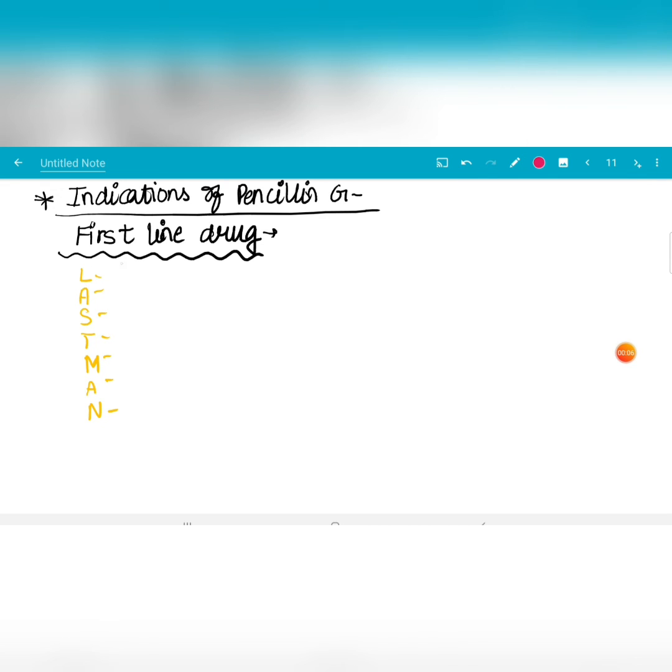First one is L, which is Listeria. Penicillins are first line drugs in Listeria.